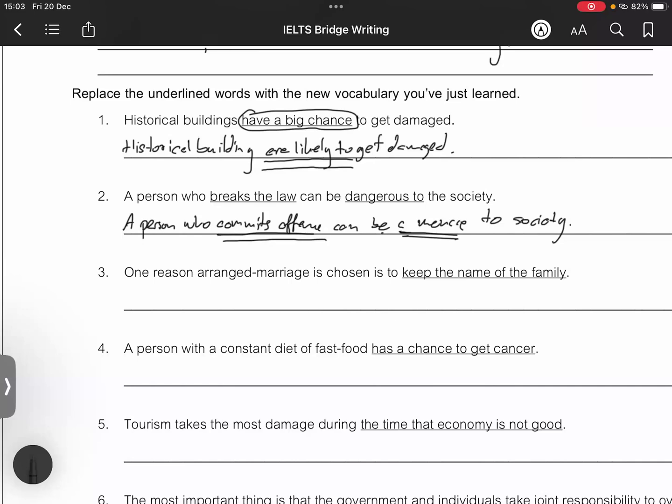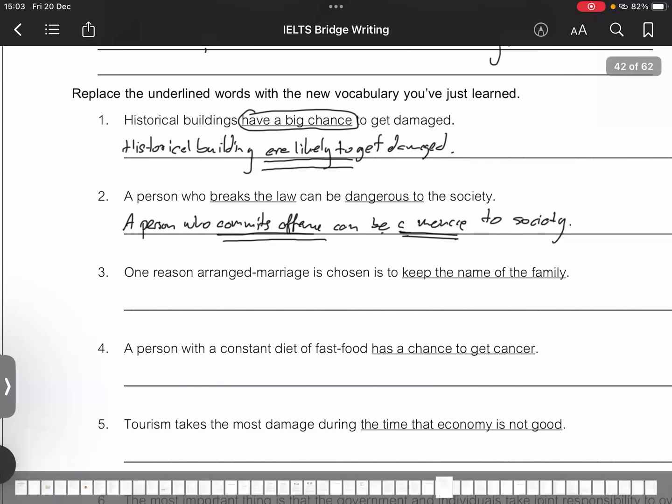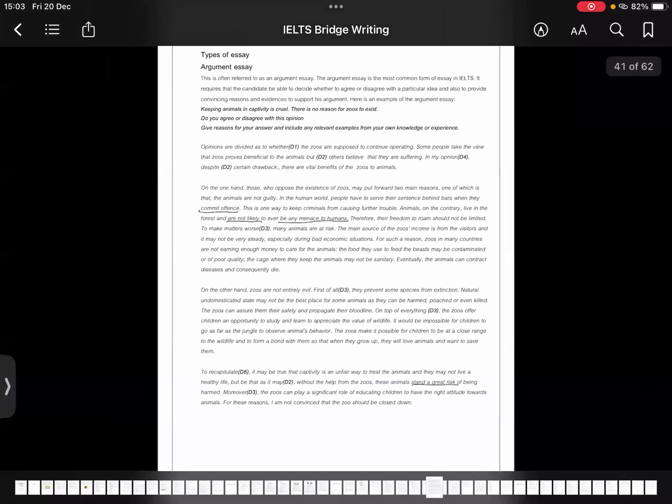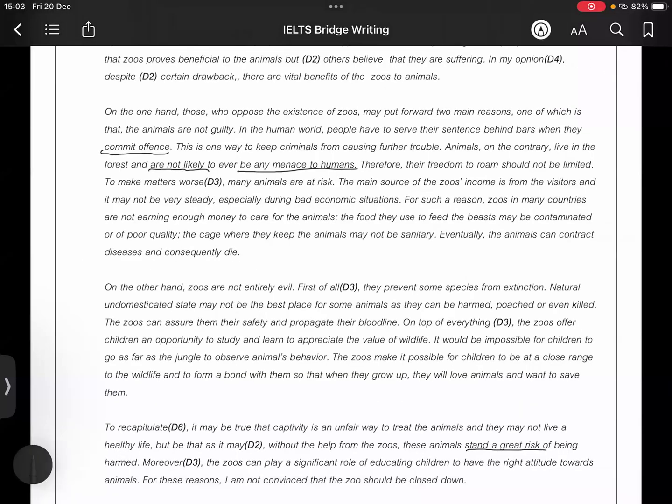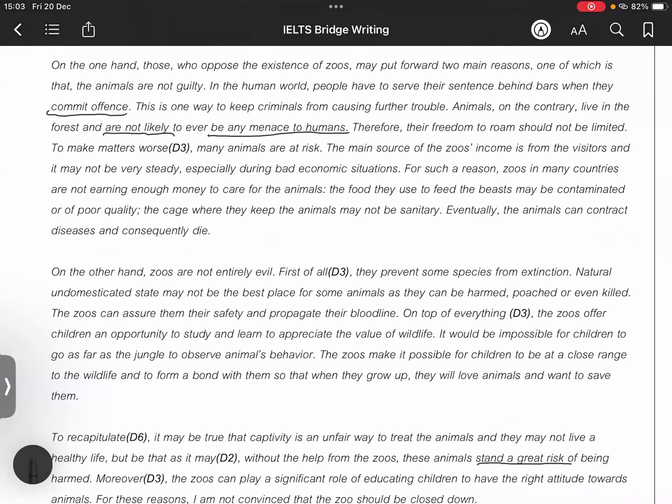Okay, next. One reason arranged marriage is chosen is to keep the name of the family. Right. So we're looking for the same expressions. That means keep the name of the family. So on the previous page, we have propagate the bloodline.